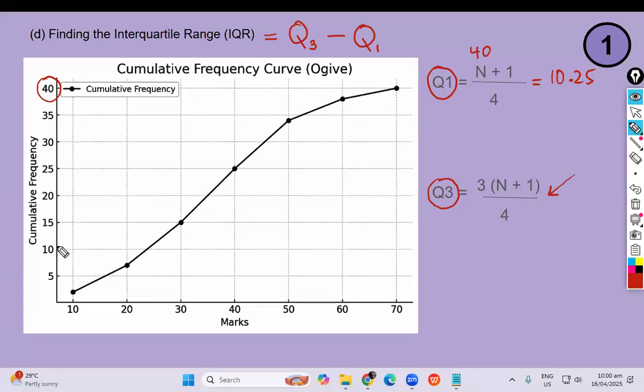Now, you're going to have to go in between a small block, because remember, every small block is 0.5 on the y-axis. So to get 10.25, which is half of 0.5, you have to go in between a small block. I know that's real torturous, but the examiner will look for that. So you go across and then you come down.